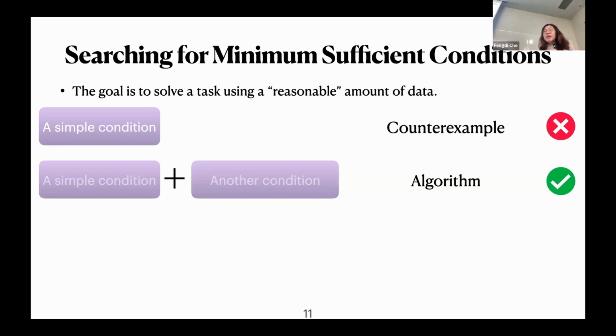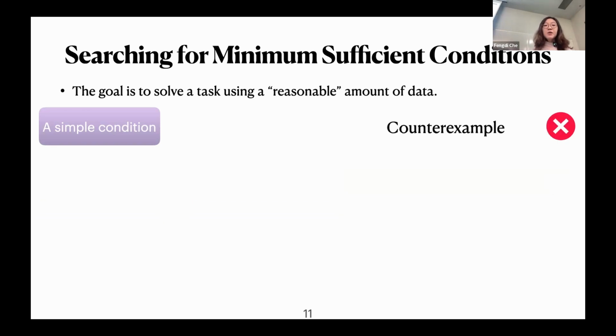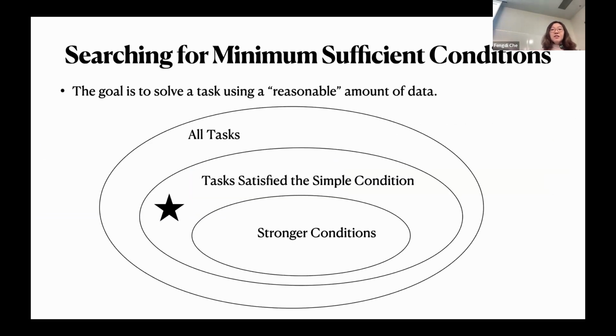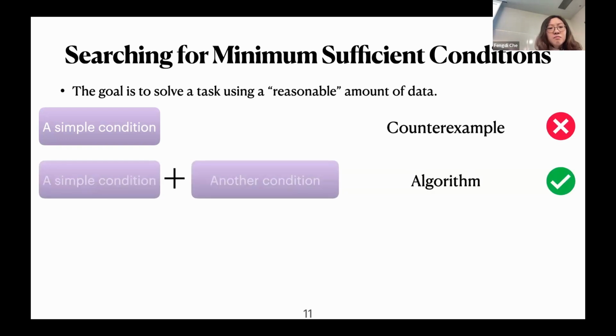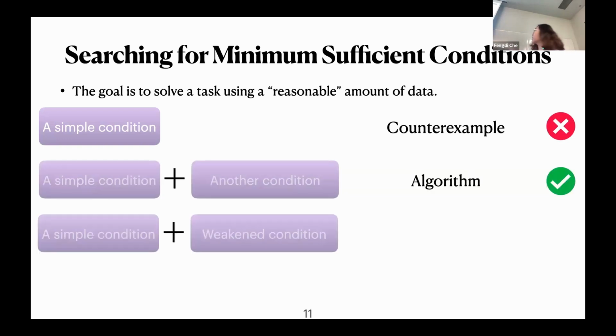And then when we find some conditions which make those tasks solvable using a small amount of data, we will think maybe those conditions can be too strong. Can we weaken them a little bit so that we can deal with a slightly larger set of tasks, so that our algorithm can be more general?